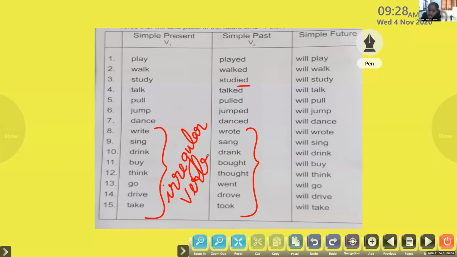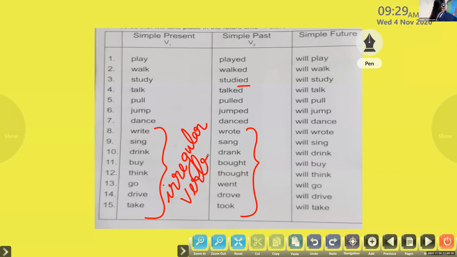Bought. Very good. Buy, bought. Think, thought. Very good. Go? Went. Drive? Drove. Take? Took. Very good. So the past tense form, children, you have to learn these words by heart.